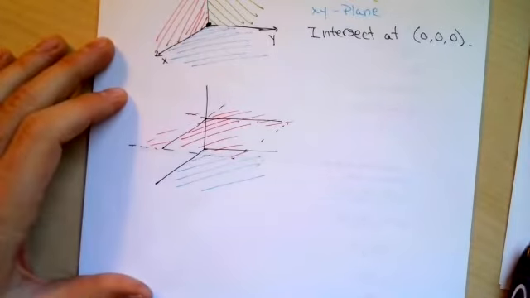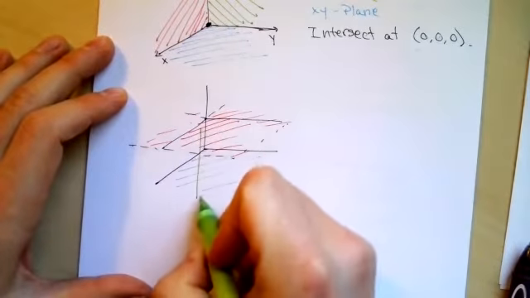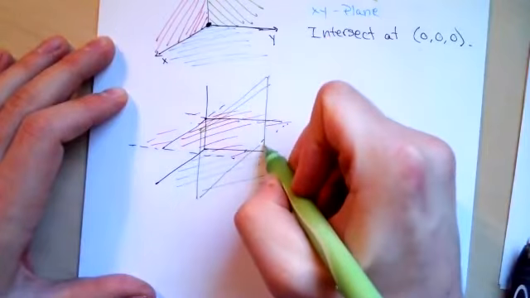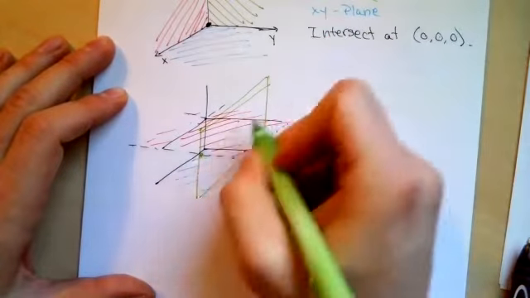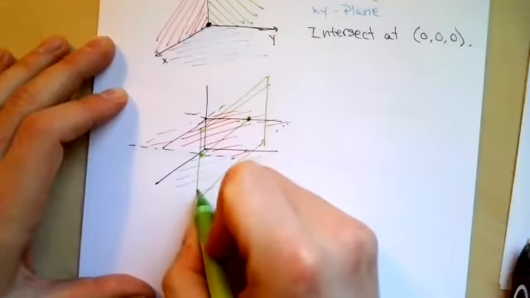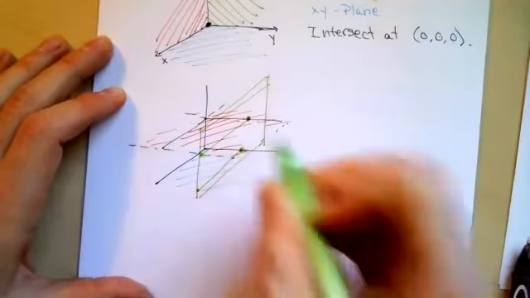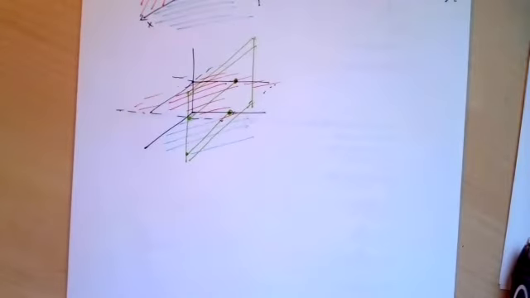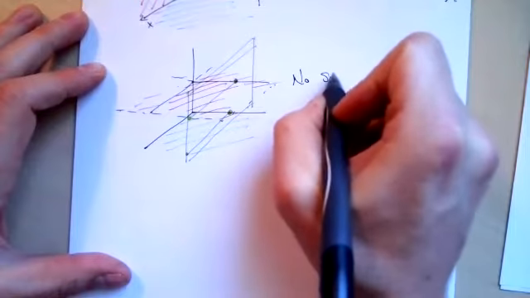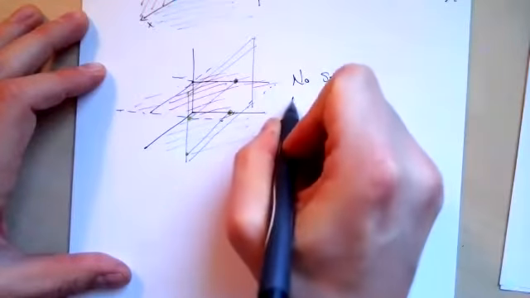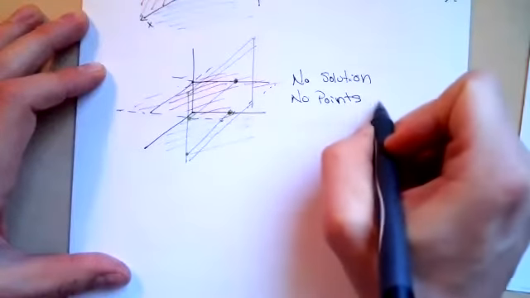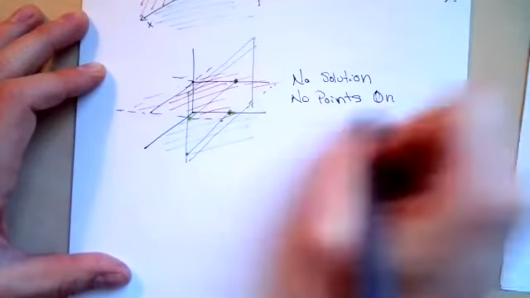So let's say we have a plane that goes vertically. And we could see that there are intersections between these planes. Any pairs of the green and one of the other planes intersect, but there is no solution, no points on the intersection of all three.